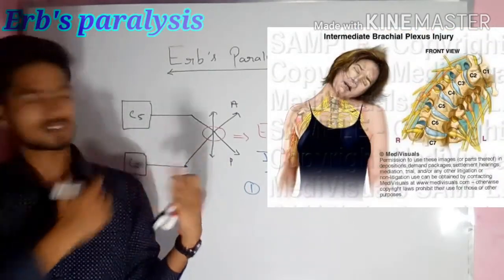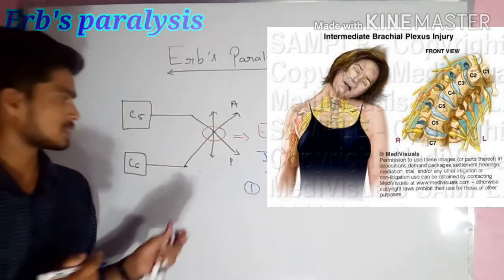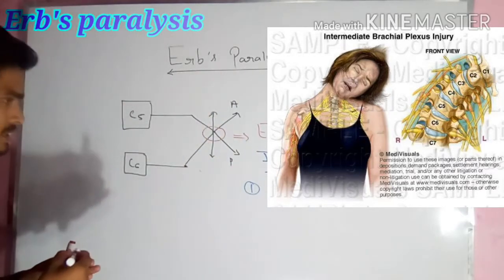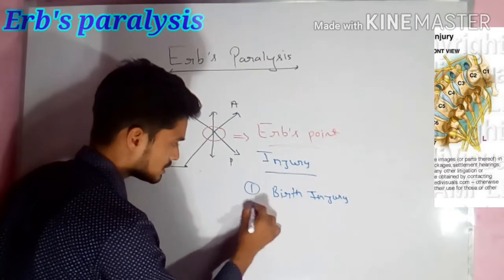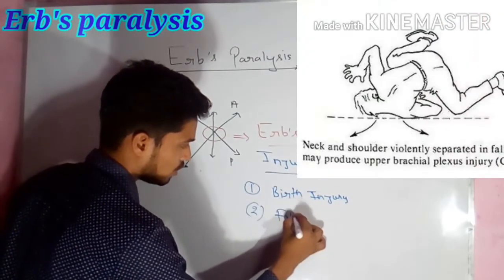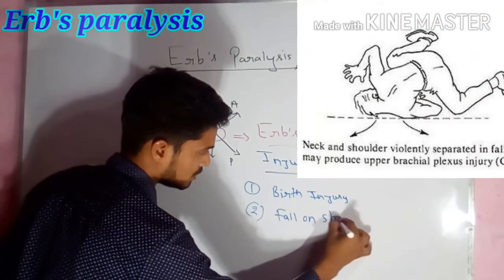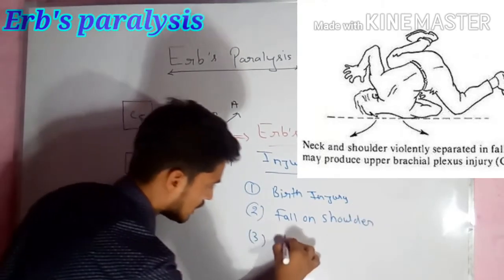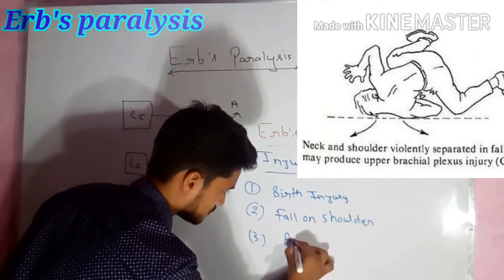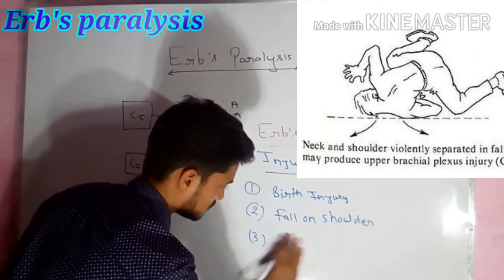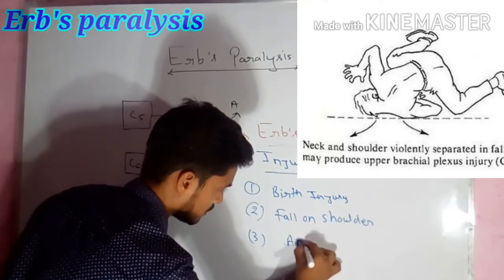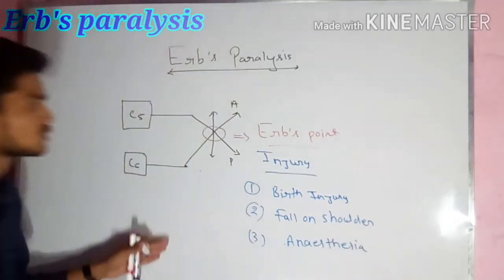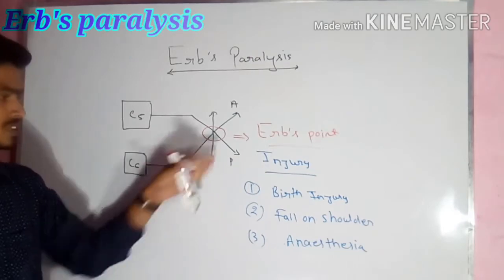These types of movement in the injury cause Erb's paralysis because the upper trunk is involved in Erb's paralysis. You know guys, and the second one is fall on shoulder, and the third one is anesthesia. So these are the causes of this injury.